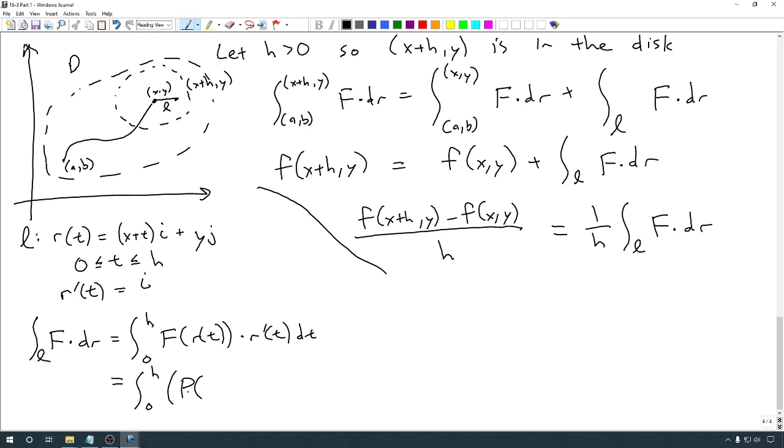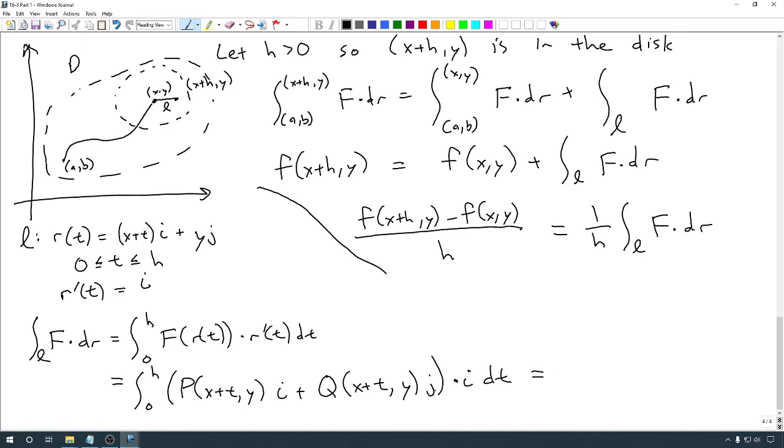So I'm just going to take P of (x plus t, y) i, plus Q of (x plus t, y) j, and that's dotted with i, because i is our r prime.